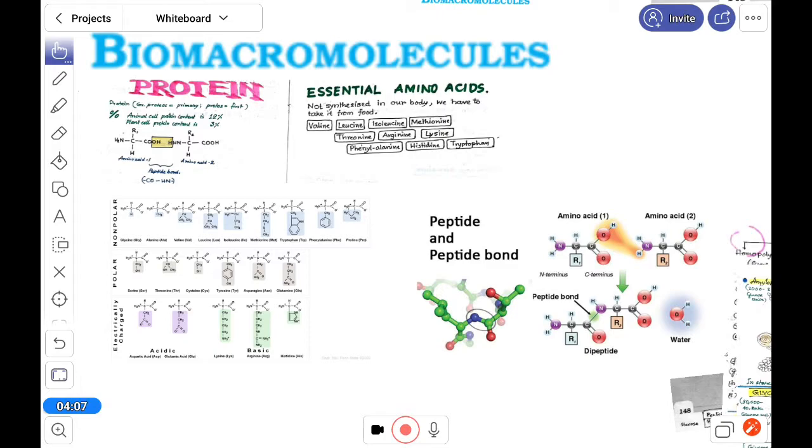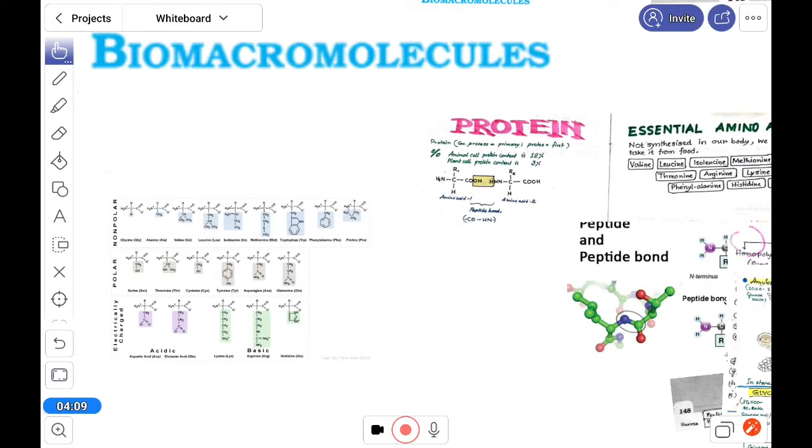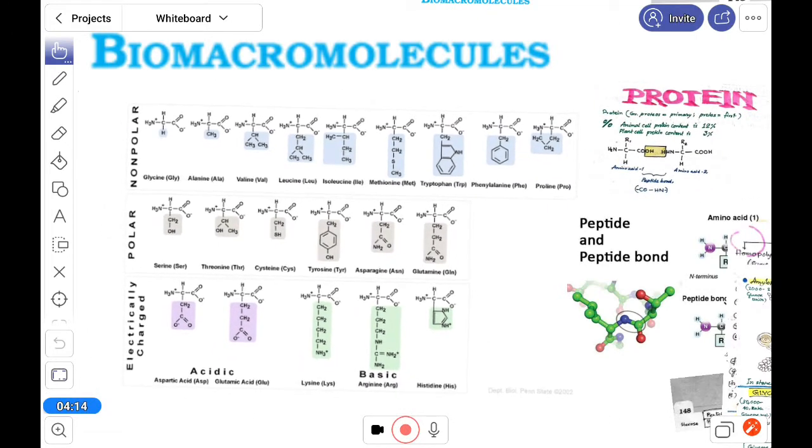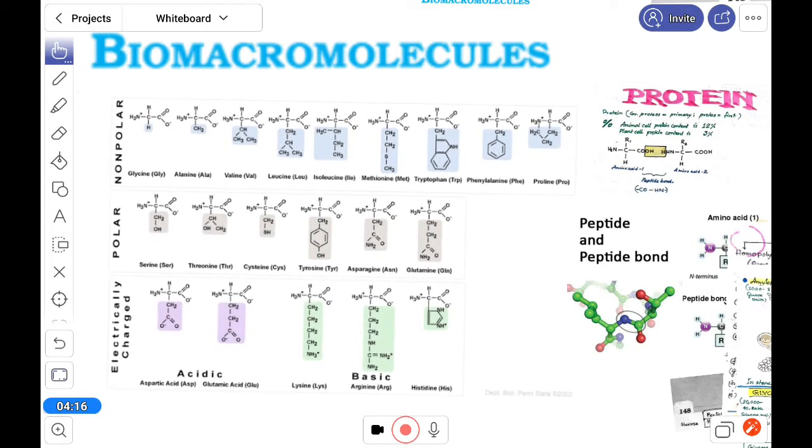We can see once again the long list of the amino acids. The characteristic, I think you know, is that one amino group will be there and one carboxyl group will be there in every one, at least one, it can be more than one, and there are different, I mean heterocyclic and others. The basic and acidic part is already discussed.